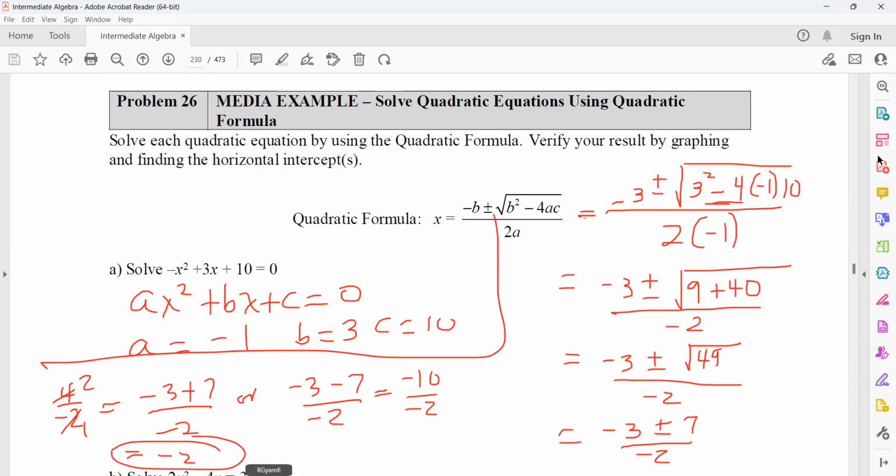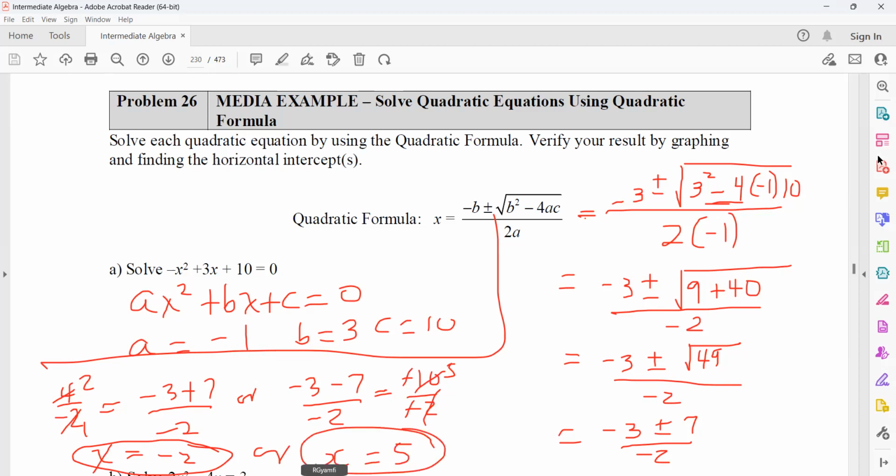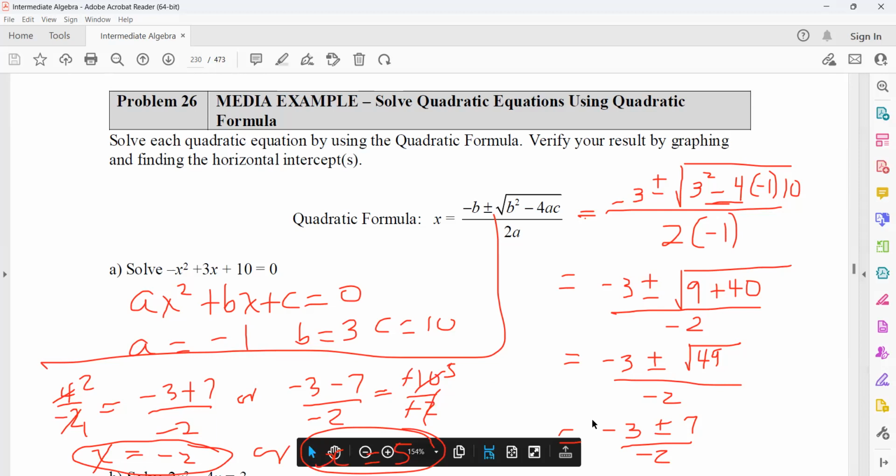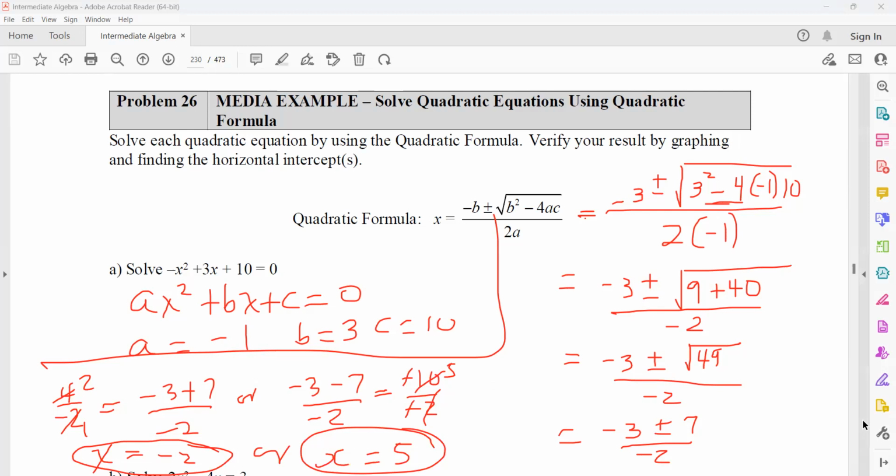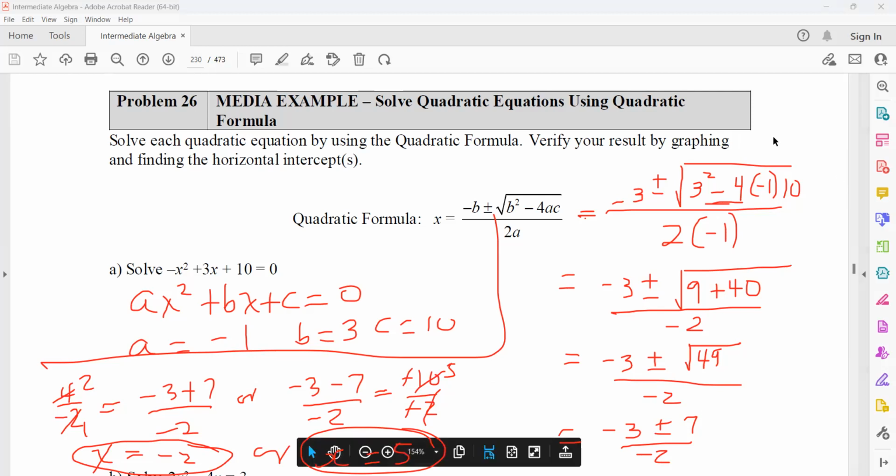So x equals negative 2, or x equals positive 5. Okay? So that is applying the quadratic formula. Let's look at another one.